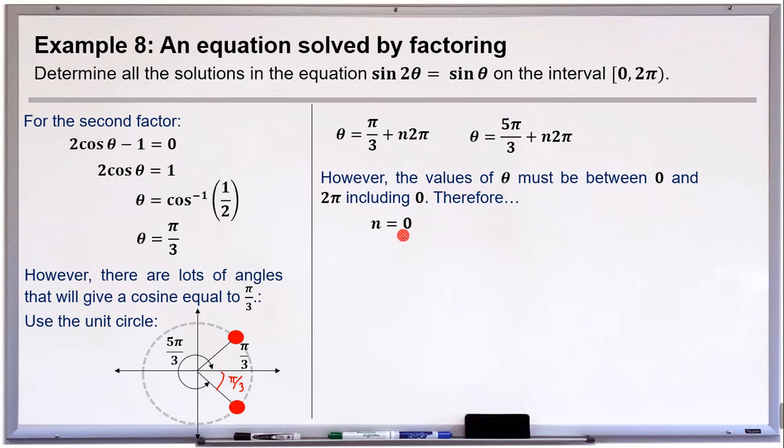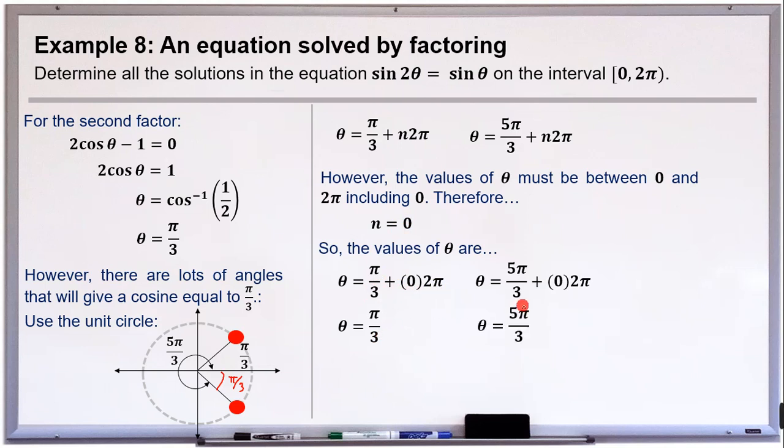So n must be limited to 0 only, not 1, because it would be greater than 2 pi. So theta equals pi over 3 plus 0 times 2 pi.